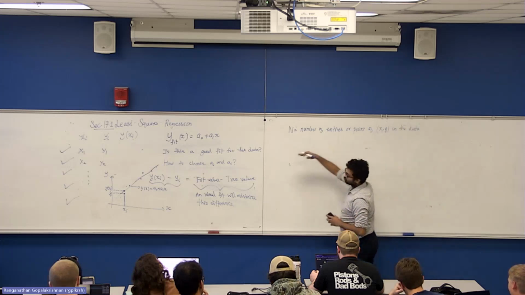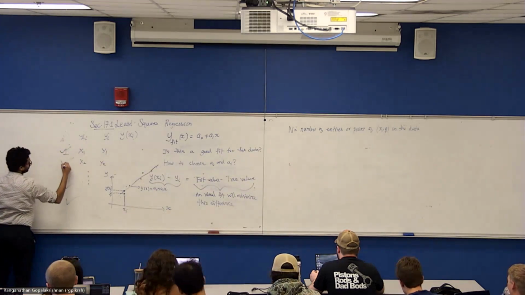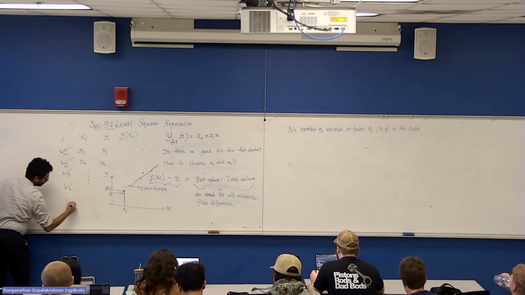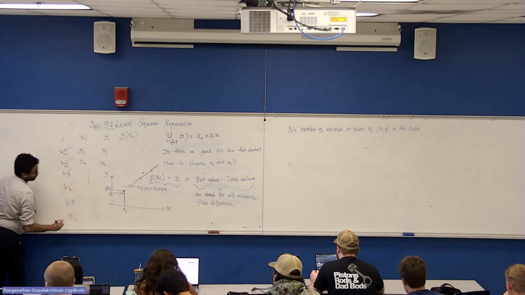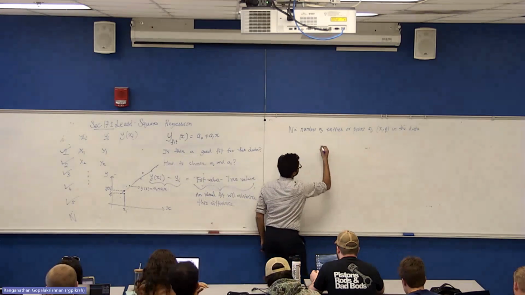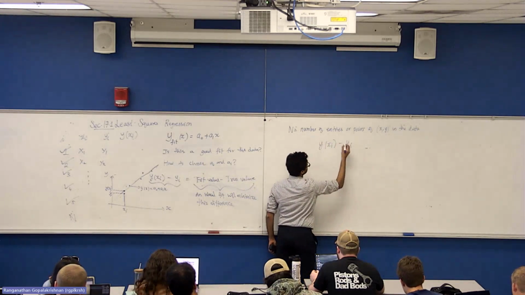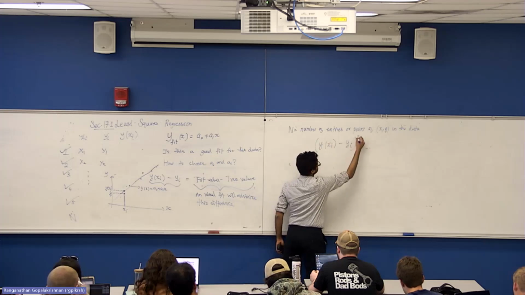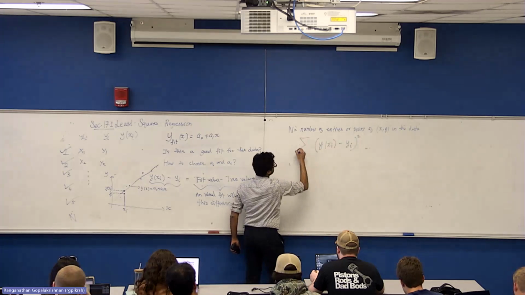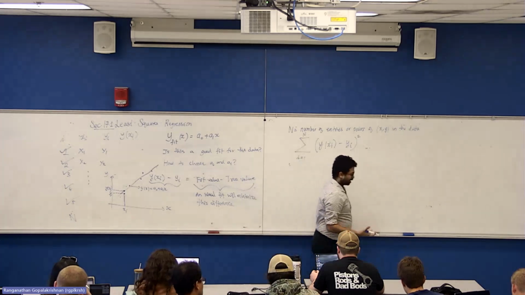So n is the number of rows. So we have i equal to 1, 2, 3, 4, 5 up to n. So we have n rows of data. Okay. So we have y of xi minus yi. We want to square that and then add up for every row or for all the data points.